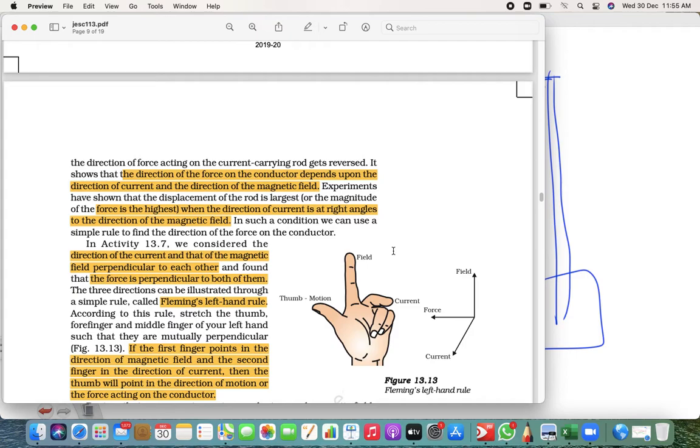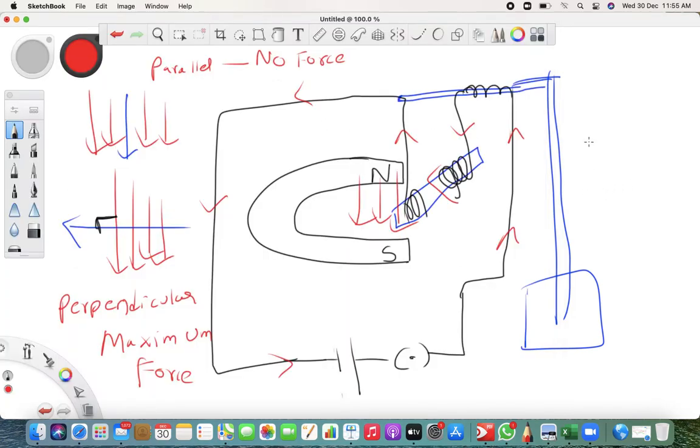And the thumb shows the direction of force. If you look properly, all three are perpendicular. It's not only field and current that are perpendicular, all three are perpendicular.